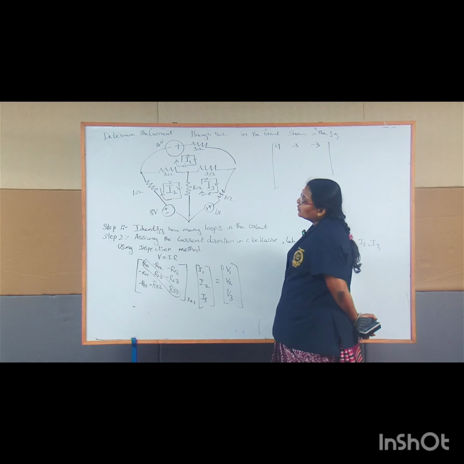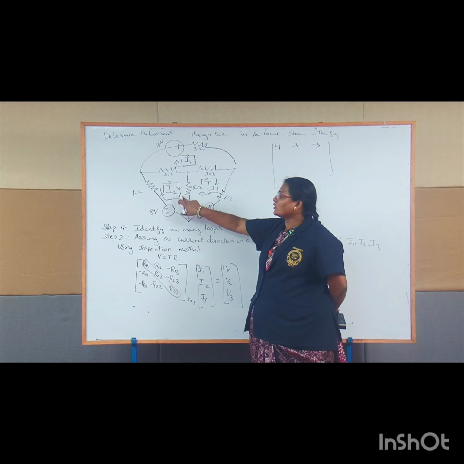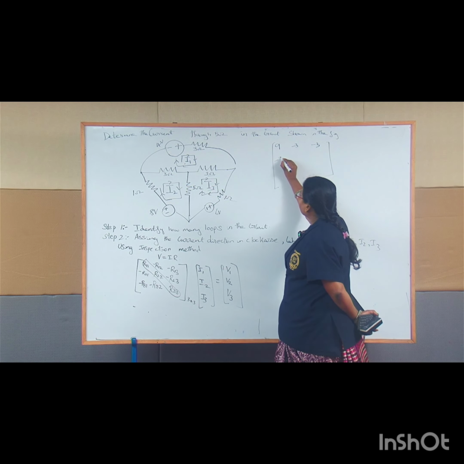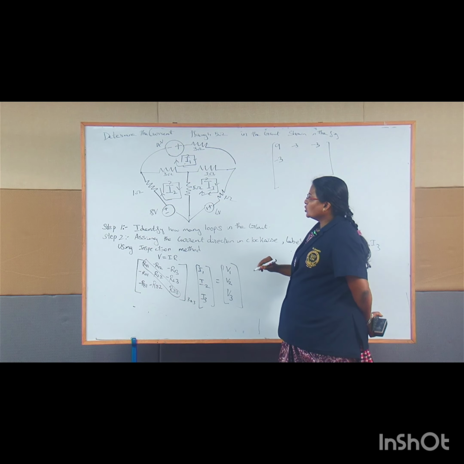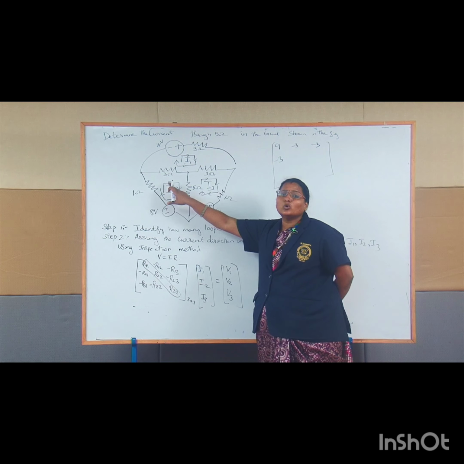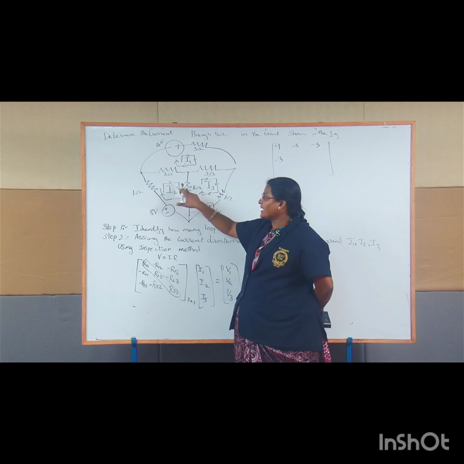Then R21 means the resistance shared by the second loop and first loop. So here it is also minus 3. R22 means the total resistance present in loop 2 alone. Here 1 ohm is there, 3 ohm is there, 5 ohm is there.